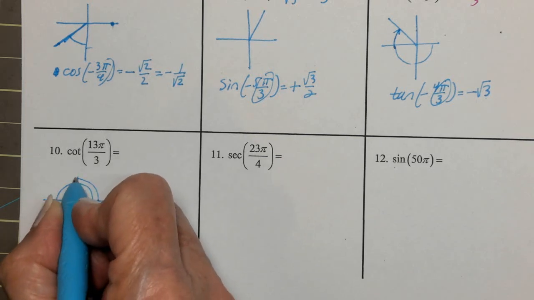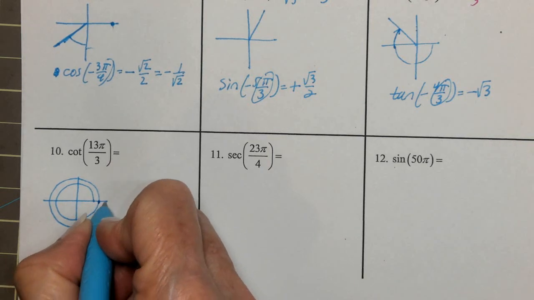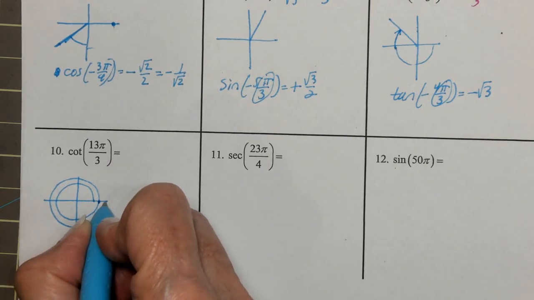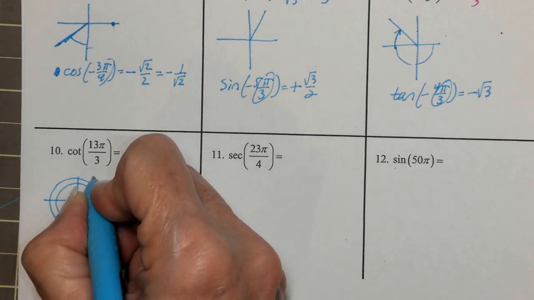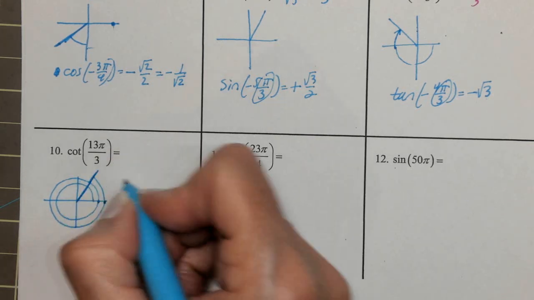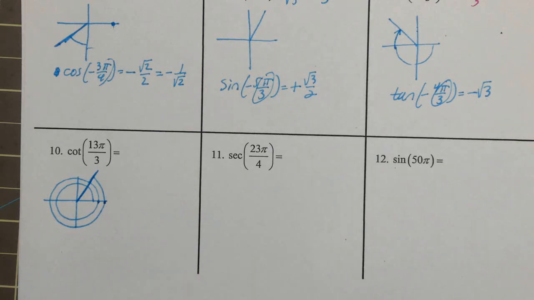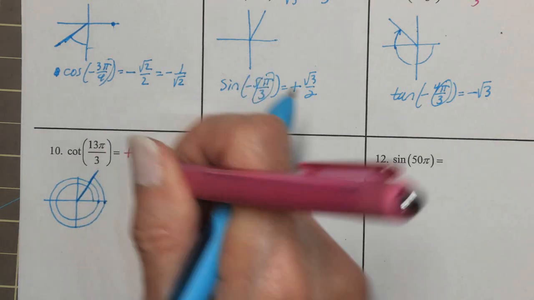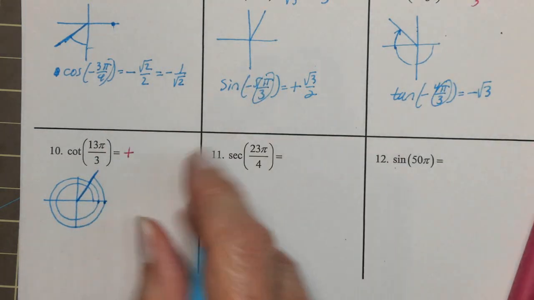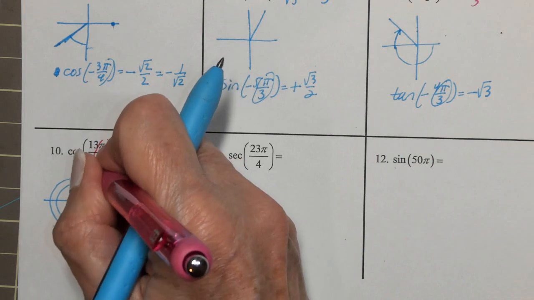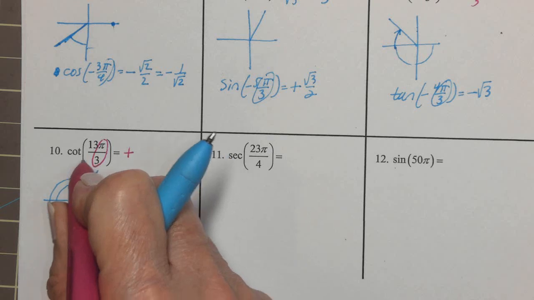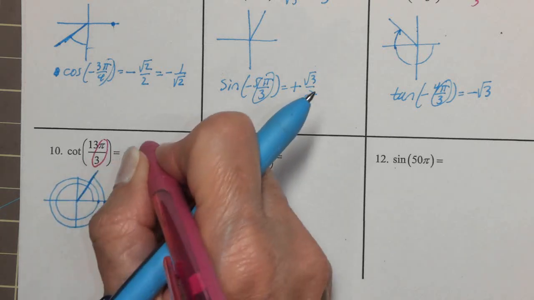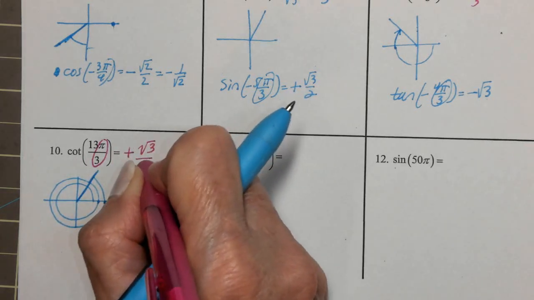If I go all the way around again, I would be at 12 pi over 3. I need to go one more pi over 3 unit. So pi over 3 is going to be in quadrant 1. Okay? So my answer here is going to be positive. It's a pi over 3. Tangent of pi over 3 is square root 3. So cotangent of pi over 3 is square root 3 over 3.